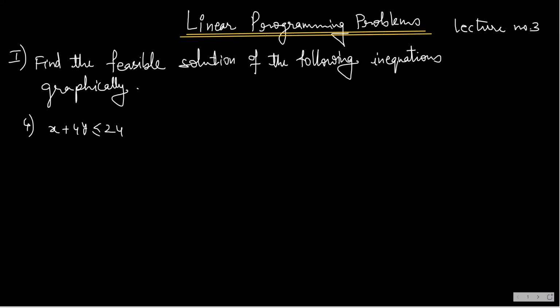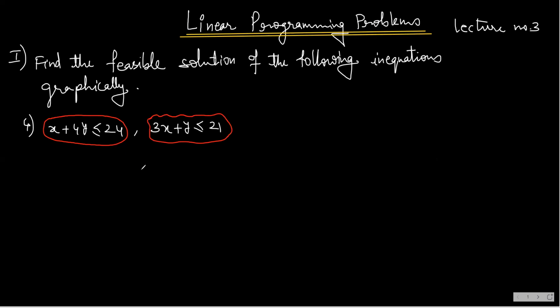Then after that, we went for two linear inequations in the last lecture. When you have two linear inequations, you will have to plot the solution set of this linear inequation, then also the solution set of this linear inequation, after which you shall find out the common solution set.